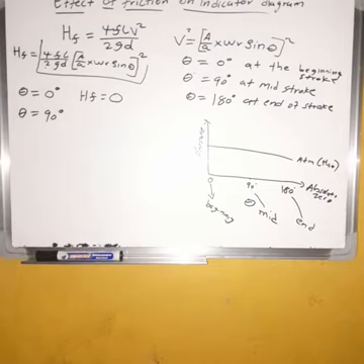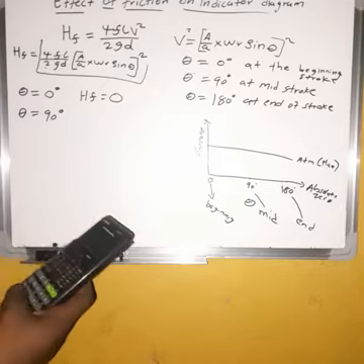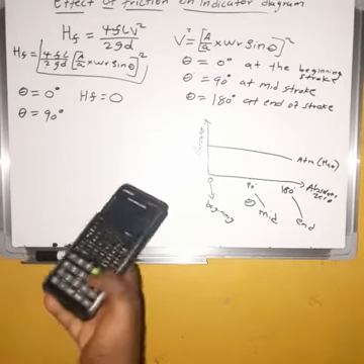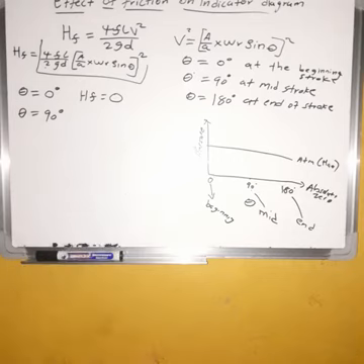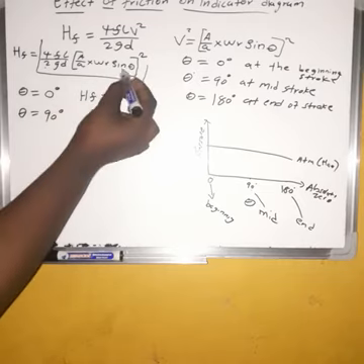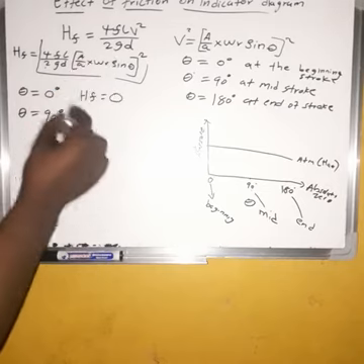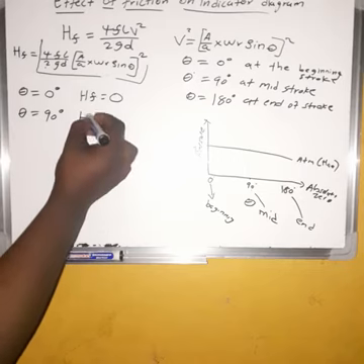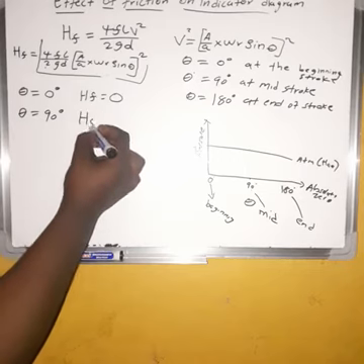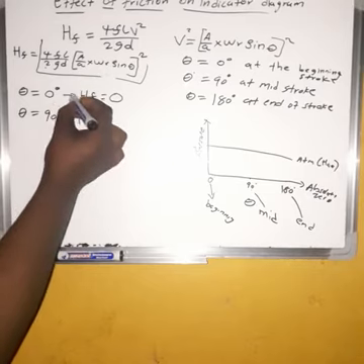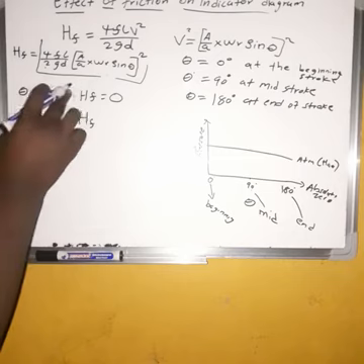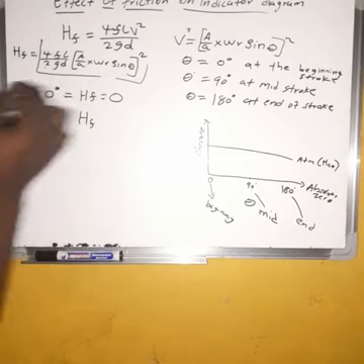But when theta is equal to 90 degrees, what will HF be? Sine 90 is 1. When it's 0, this whole part will be 0, but when it is 1, we'll have something. When theta is equal to 0, our HF will be equal to 0.